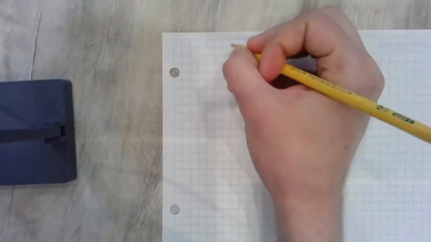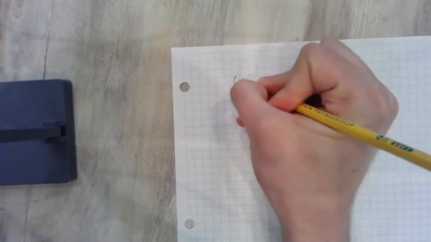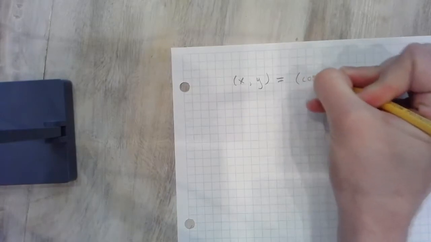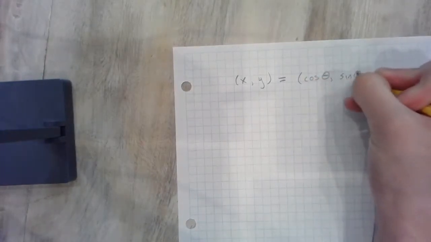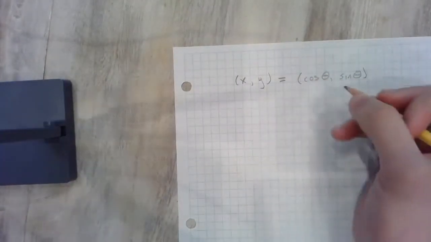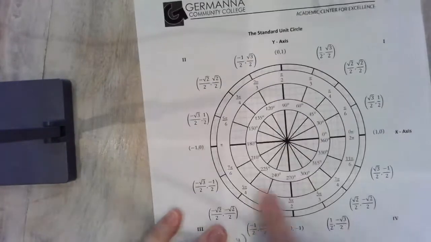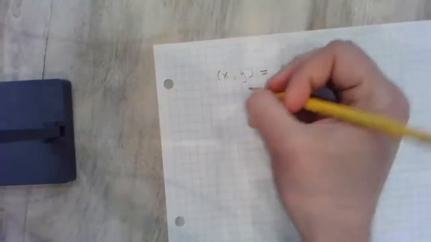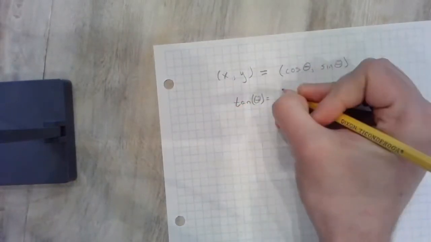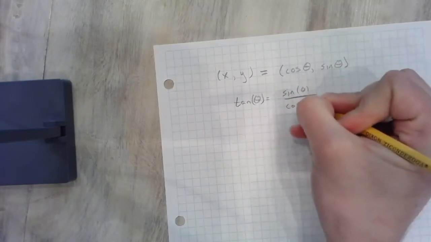So recall that on the unit circle, x, y is the same as cosine of theta and sine of theta. Great. But also recall when we were creating tangent of theta, with the special right triangles and the unit circles, we also noted that the tangent of theta was the same as sine over cosine.